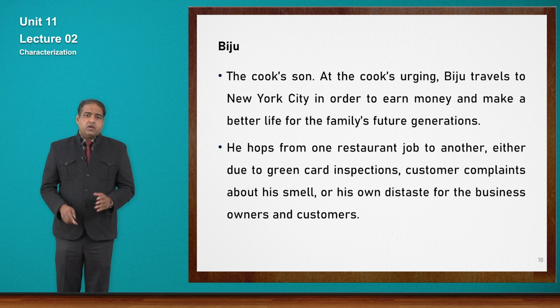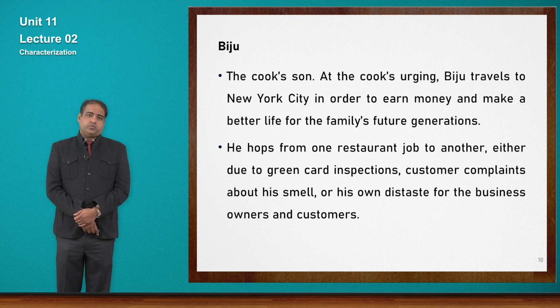We have a third character in the story whose name is Biju. Biju is the cook's son. At the cook's urging, Biju travels to New York in order to earn money and make a better life for the family's future generation.